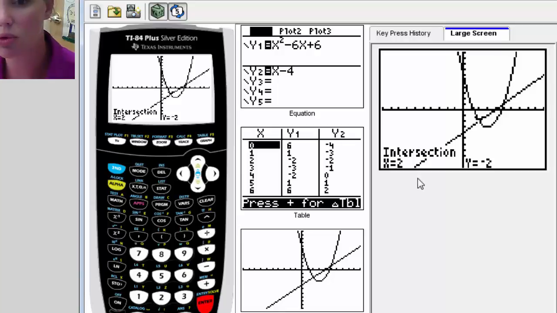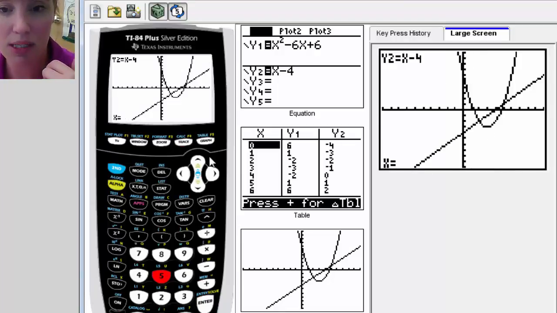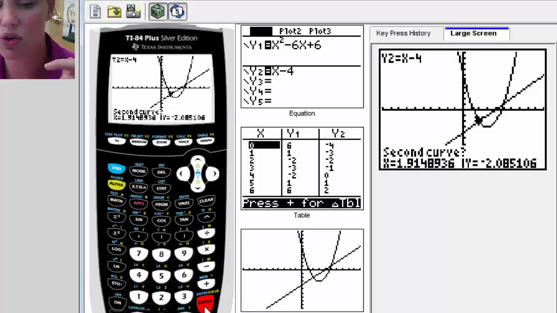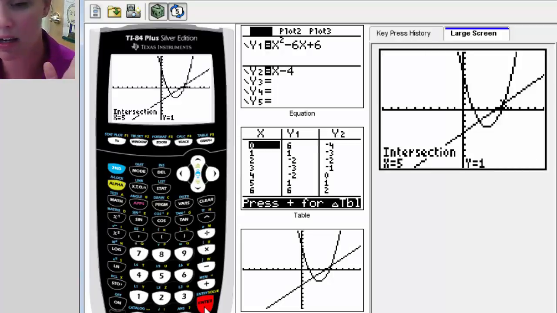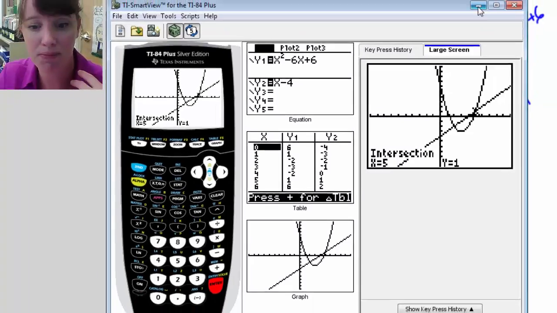Press enter, and it derives 2, -2. If I wanted the other one, I would do the same process, saying yes to the first curve and yes to the second curve, but I'd use my right arrow key to move near the other point of intersection and press enter. It doesn't have to be exactly on, just near it. And it gets me 5, 1. So that picked up both of them.